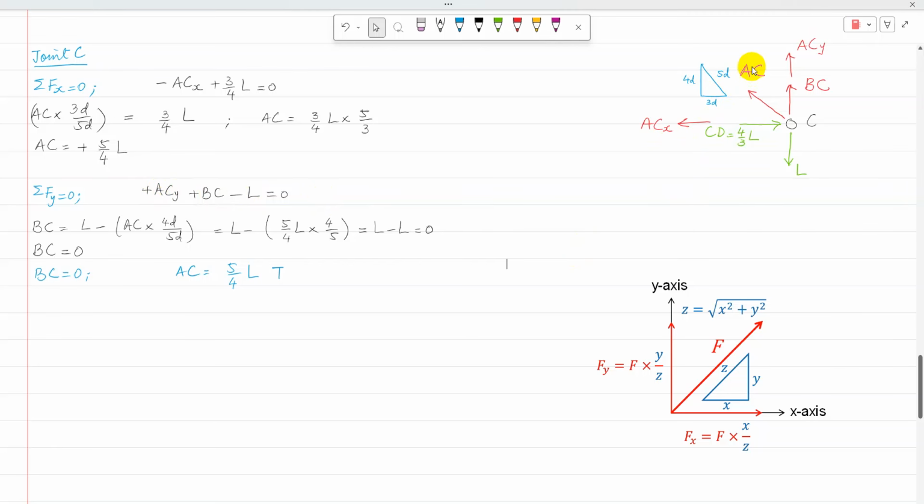The component of AC in the Y direction will be 4D over 5D. AC is already calculated as 5 over 4L. So by substituting the value there, BC comes to 0. Now BC is 0 and AC is plus 5 over 4L. So it means that AC is in tension.